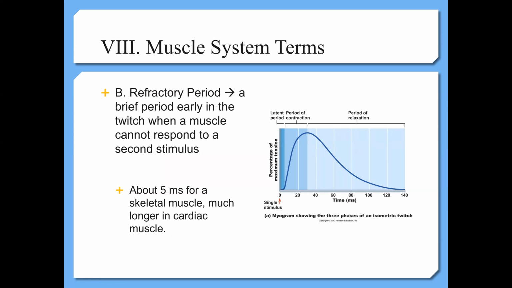But there's a period of time in which it doesn't matter if you give another stimulation, the muscle is not going to contract. So it's not going to respond to a second stimulus. For skeletal muscle, it's about 5 milliseconds. It's longer in cardiac muscle.